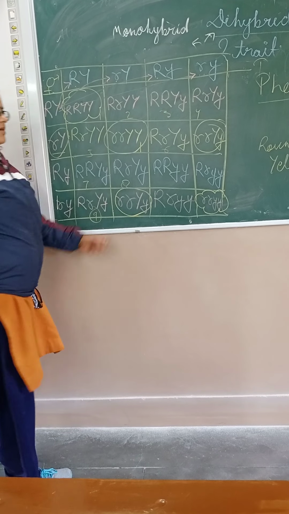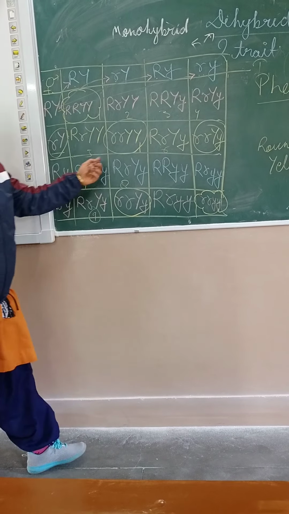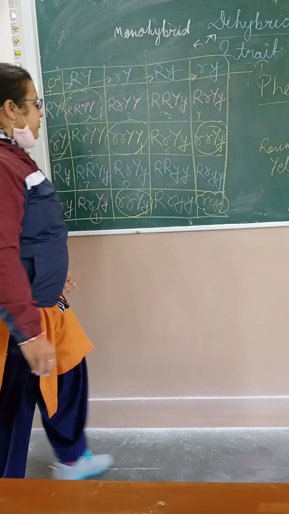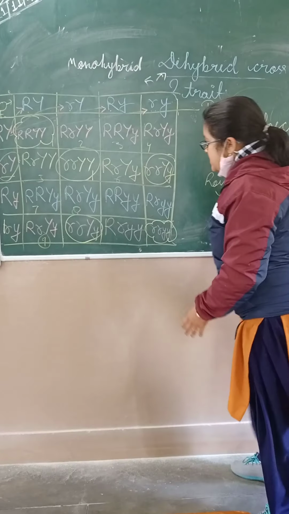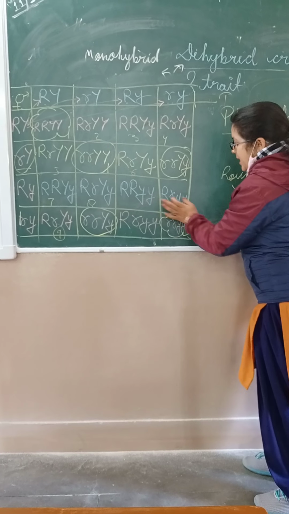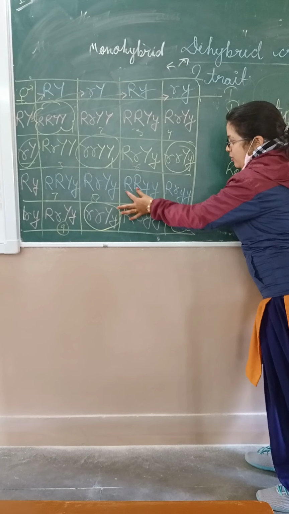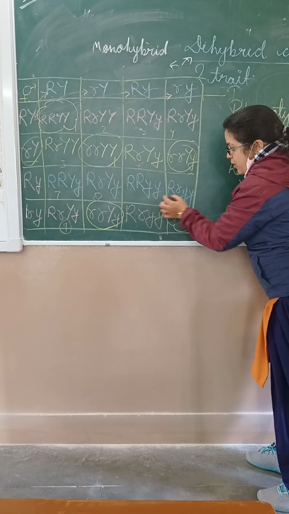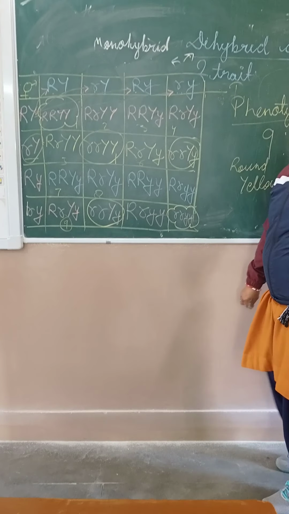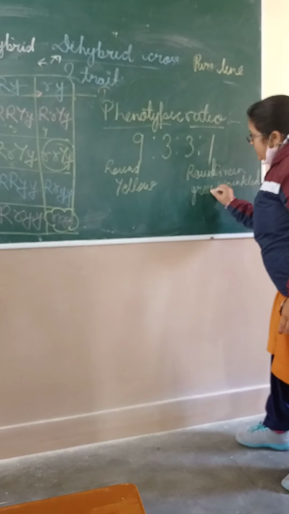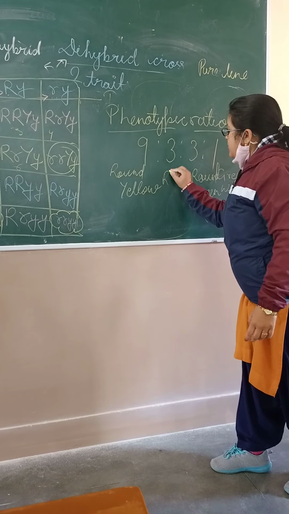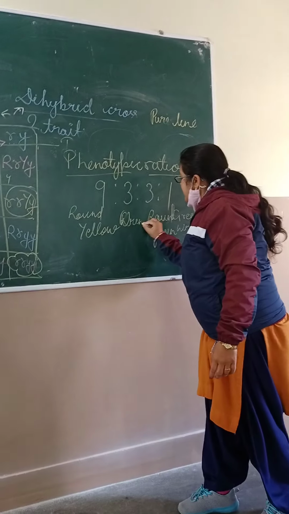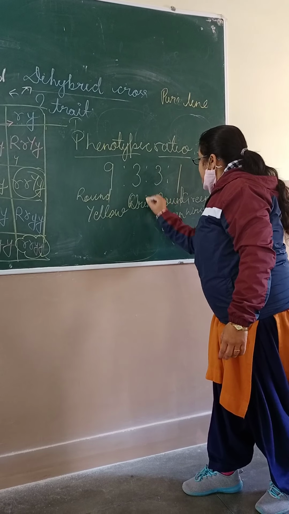So 3 are wrinkled yellow. And the left ones are also 3 children. You can see here round but green. Round, small y for green. Okay, so 3 are round green and 3 are wrinkled yellow.